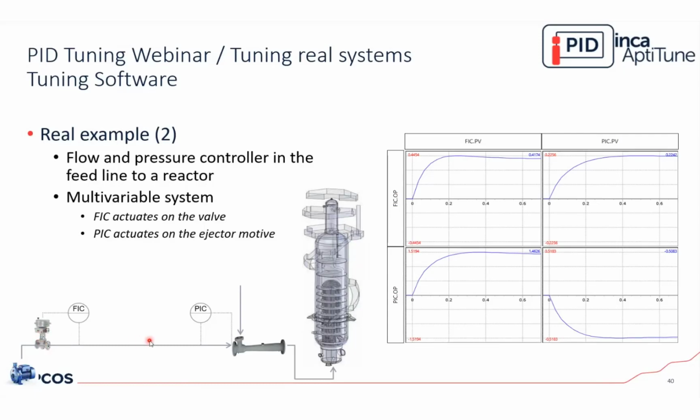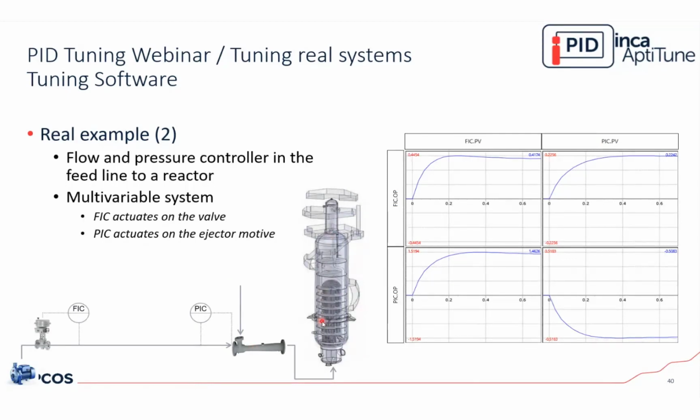And then after that, we have a pressure controller where we are changing the motive here on the ejector. And that is used for pulling the carbamate that is fed to the reactor.